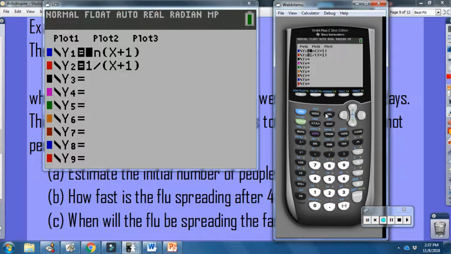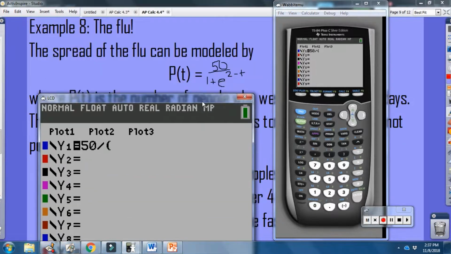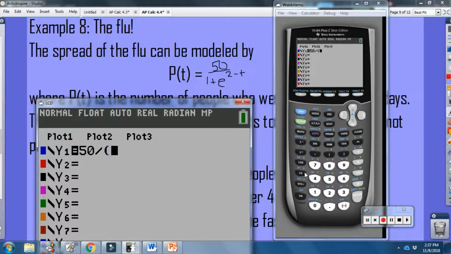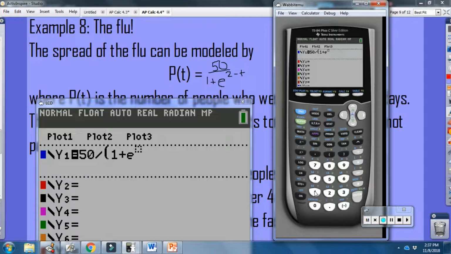So let's clear this out. I have 50 over 1 plus e to the 2 minus t. All right, and let's see what that looks like.